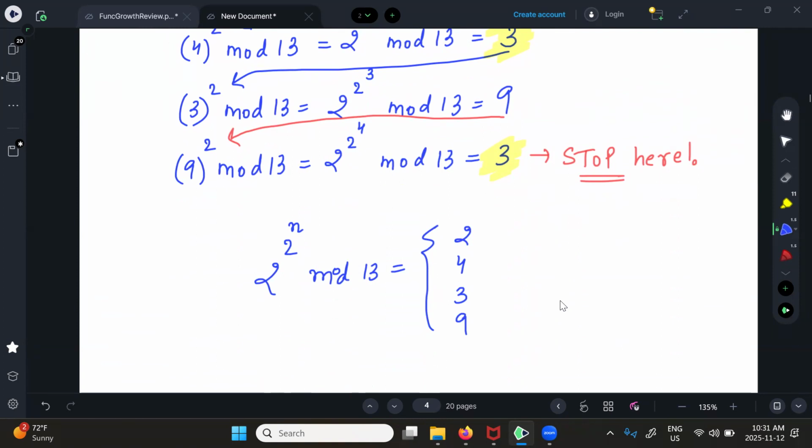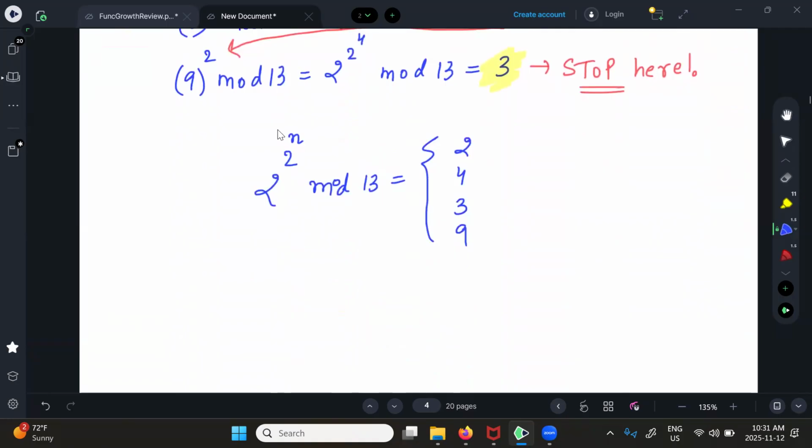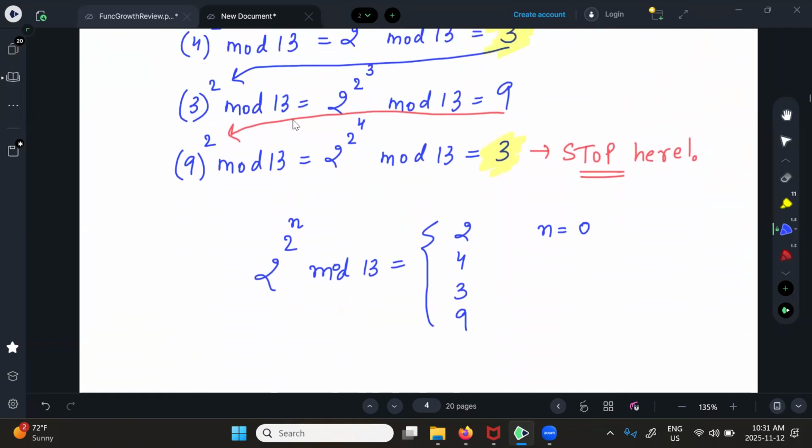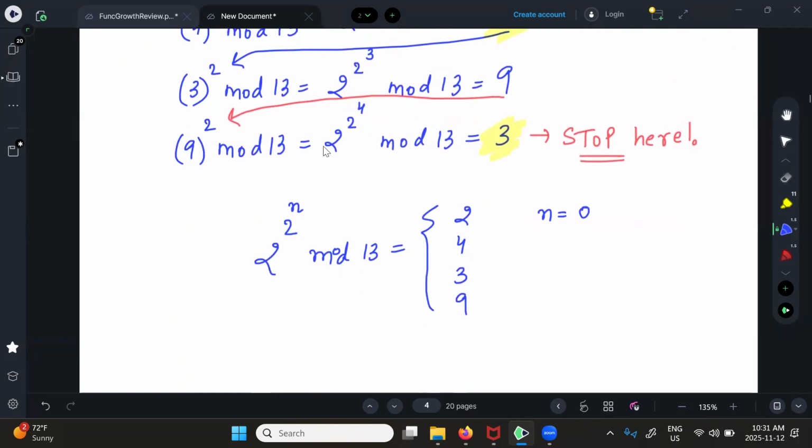Is this clear? When am I getting 2? I'm getting 2 when n was 0. You see why it's important to write it like this? When n was 0, I got remainder 2. When did I get remainder 4? When n was 1. That's a special case. 4 will never come back.